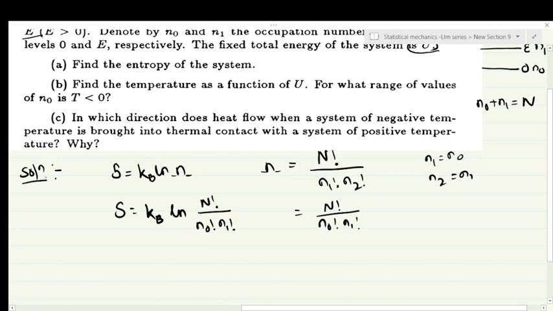Then question B is: find the temperature as a function of U, and for what range of values of N0 is T less than 0.